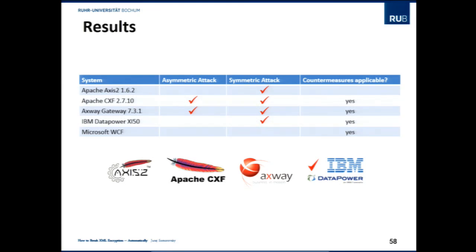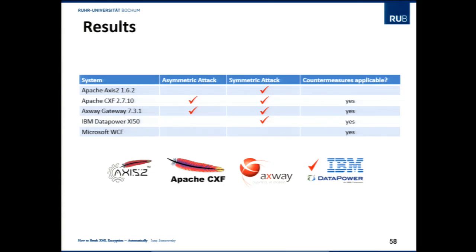In the asymmetric attack, we could attack Apache CXF and XFAY Gateway, and in the symmetric attack, we could attack Apache Axis2, CXF, Gateway, and DataPower. The Microsoft framework was not vulnerable because they use good countermeasures. But in general, if you play with the countermeasures and with some configurations, you can also achieve good validation on XFAY, DataPower, or Apache CXF.